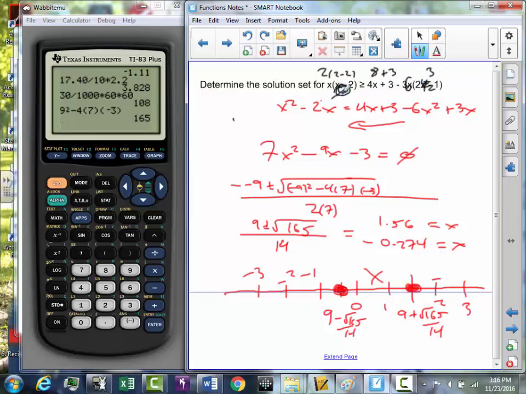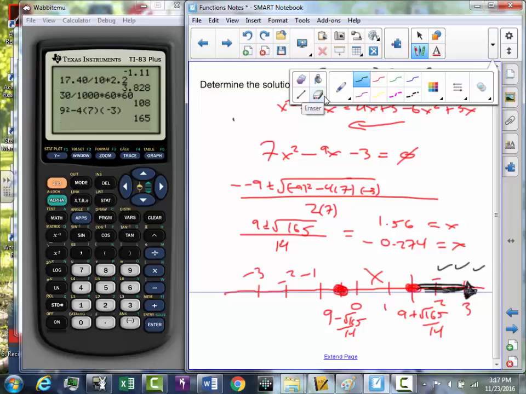Is 0 greater than minus 7? Okay, so that means that these answers are true. So I will then draw my arrow going this way, saying yes to them. That work? And then I go and do the exact same mess with a number that's lower than 9 minus root 165 over 14.